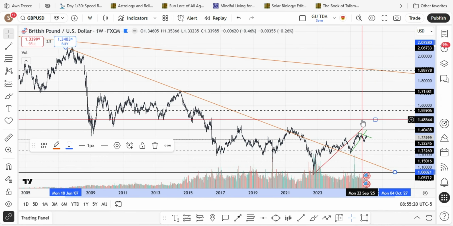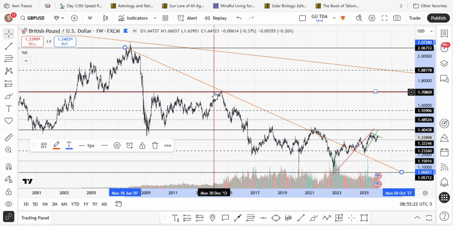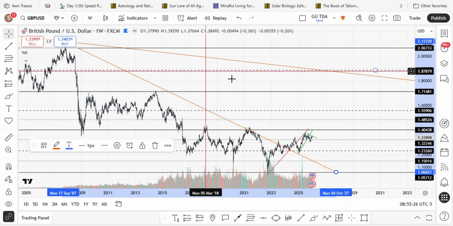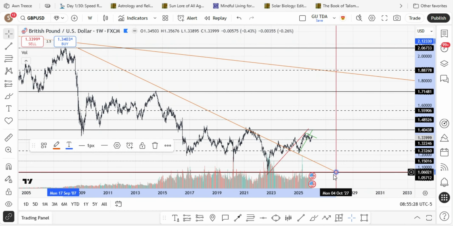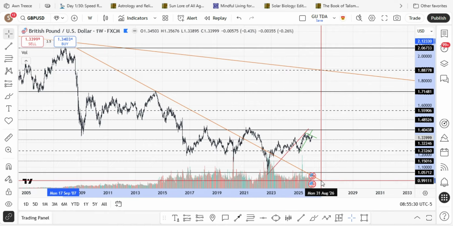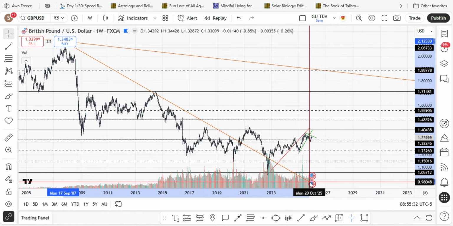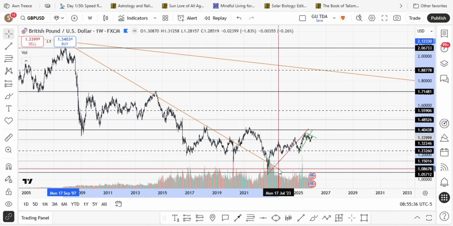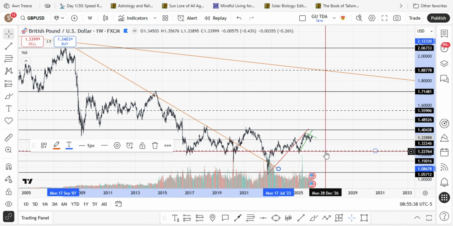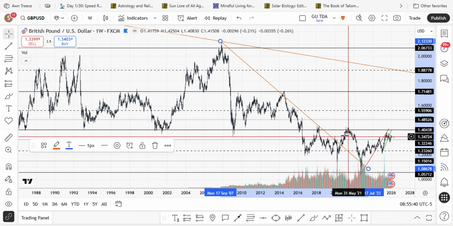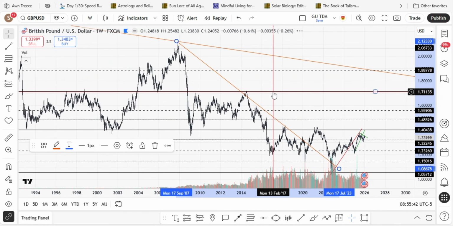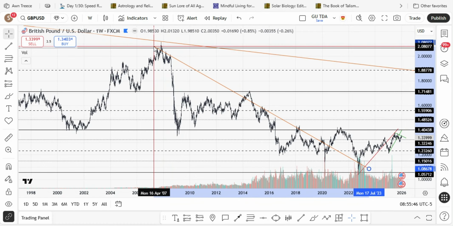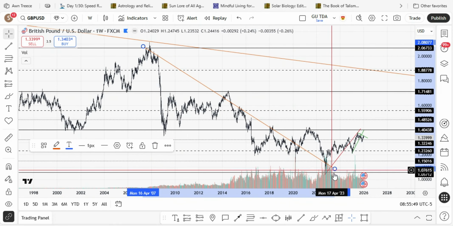Yeah, it kind of cuts through price. If I put it on majority, I guess it'll be around there. I don't like them though. I'll go back here.